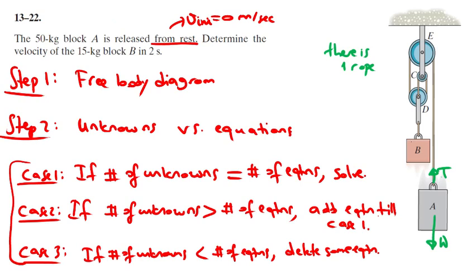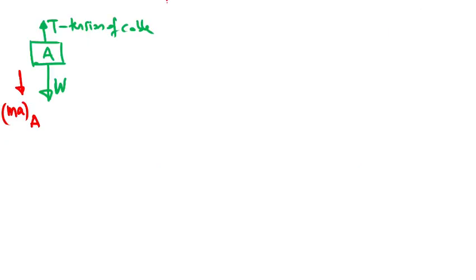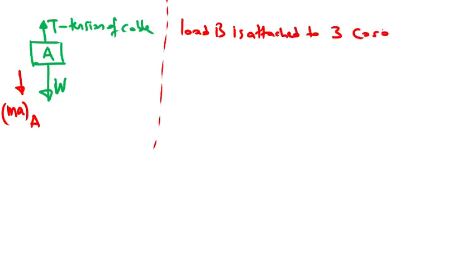Then comes case B. Case B is a little bit different because you can see that A is supported by this structure, but B is supported by 3 structures. Load B is attached to 3 cables, 3 cords actually.